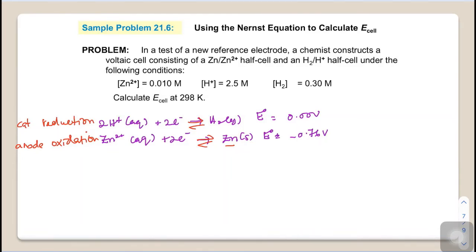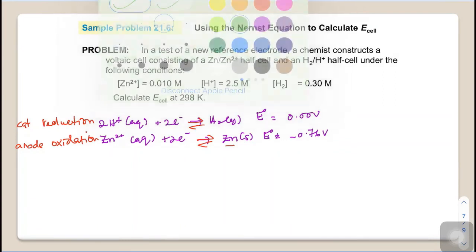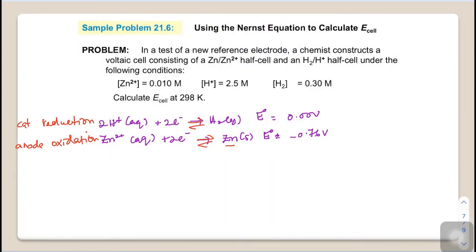Let's look at the Nernst equation. E cell is equal to E naught cell minus 0.0592 over N log Q.